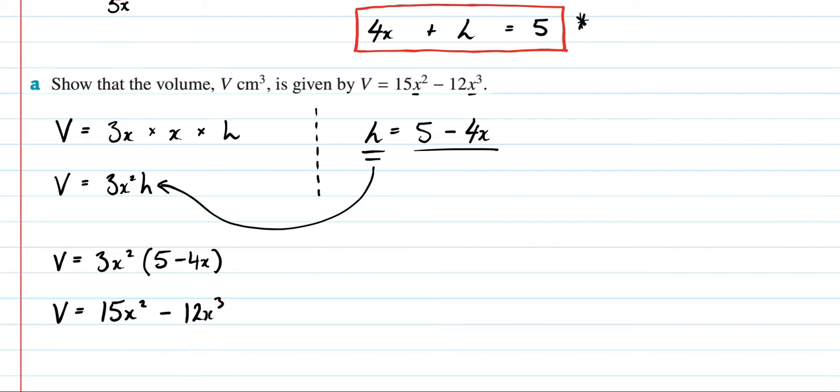And just like that, hopefully you can see that this right here, V equals 15x squared minus 12x cubed, is the same as here. V equals 15x squared minus 12x cubed. It's the same. Perfect. So we have done part A of this. Let us now keep moving.